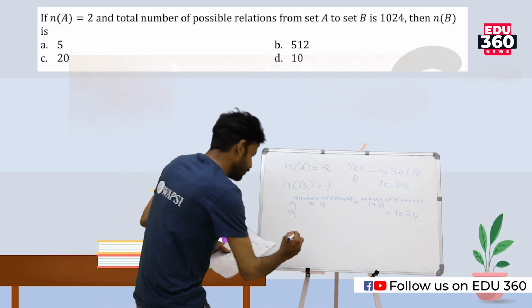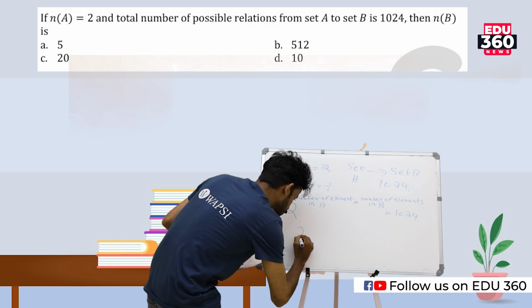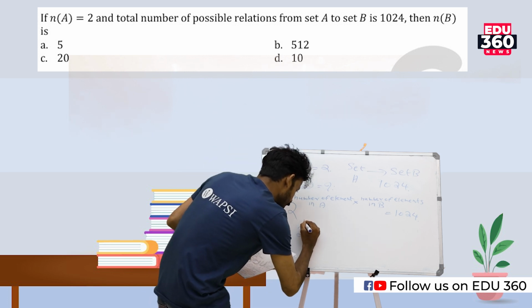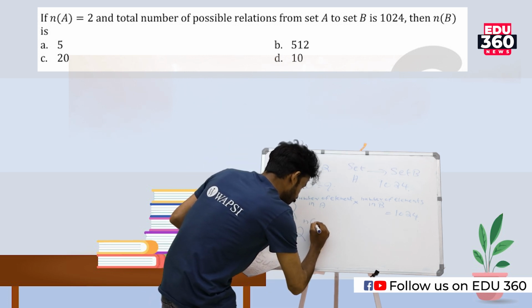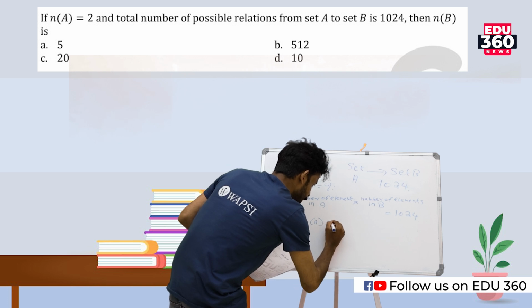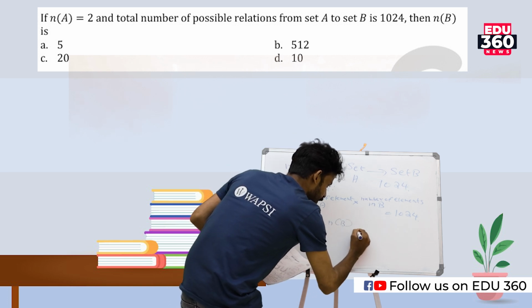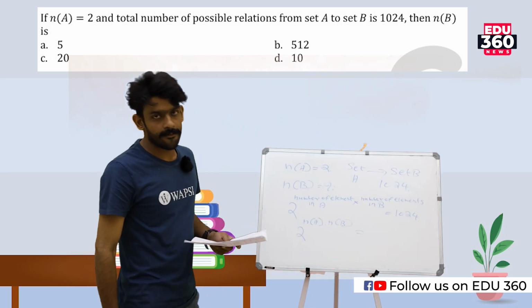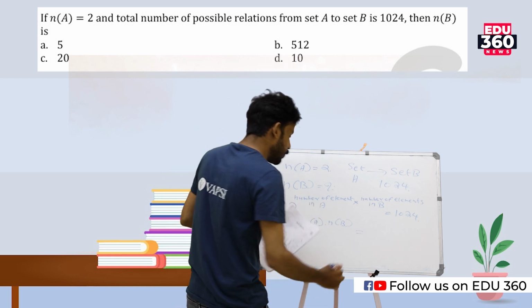So we can write it as 2 raised to n of A into n of B is equal to 1024.